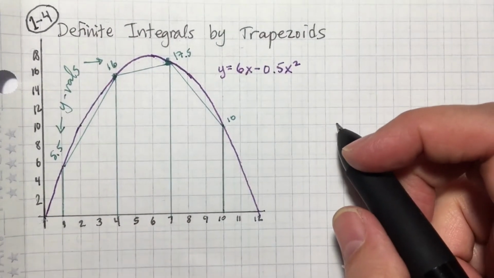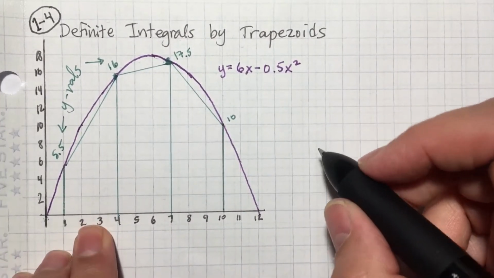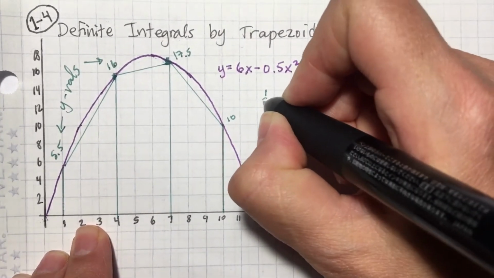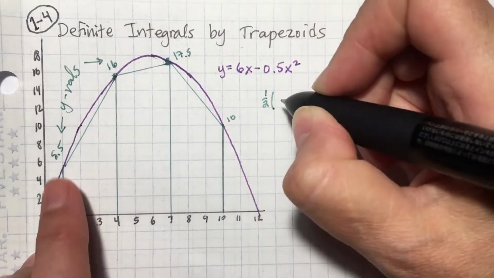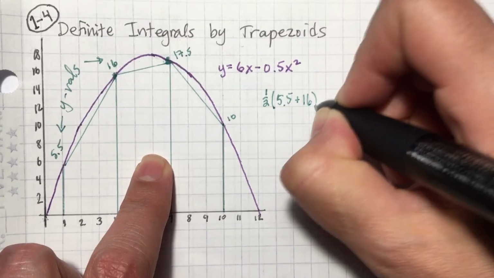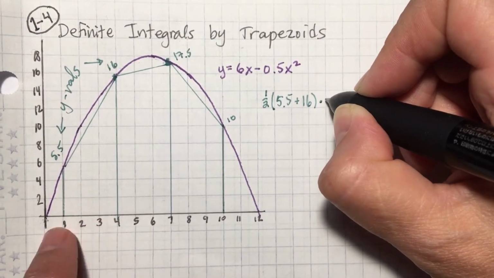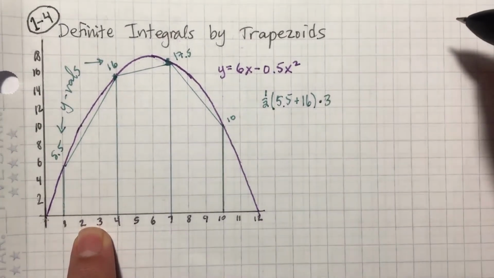Okay, so looking at our area here, this first trapezoid is going to be half of the 2 heights, 5.5 and 16, times the width, or the height of the trapezoid, which is 3. So that's my first trapezoid.